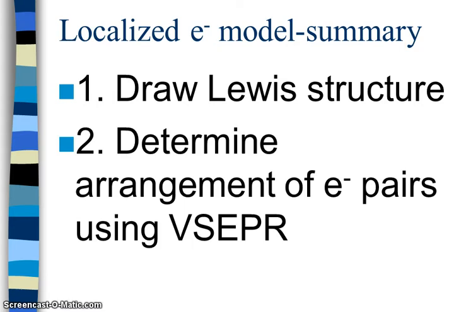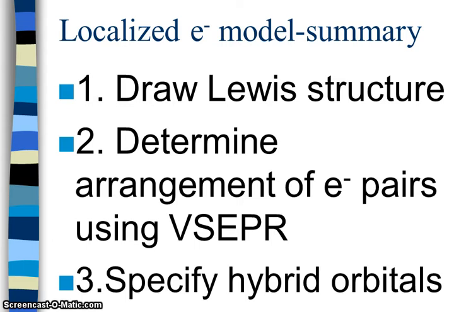Then from there, we would look at each of the atoms in the molecule. We would decide where the electrons are using our VSEPR structures, determine what the molecular geometry will be, and then we would specify the hybridization that takes place on each of our atoms.